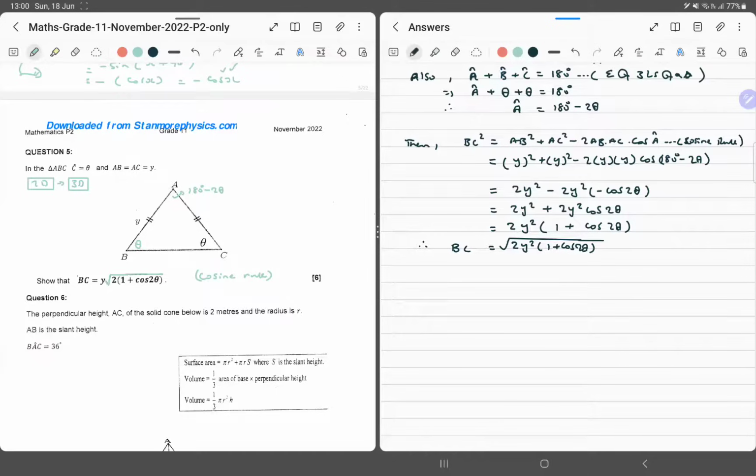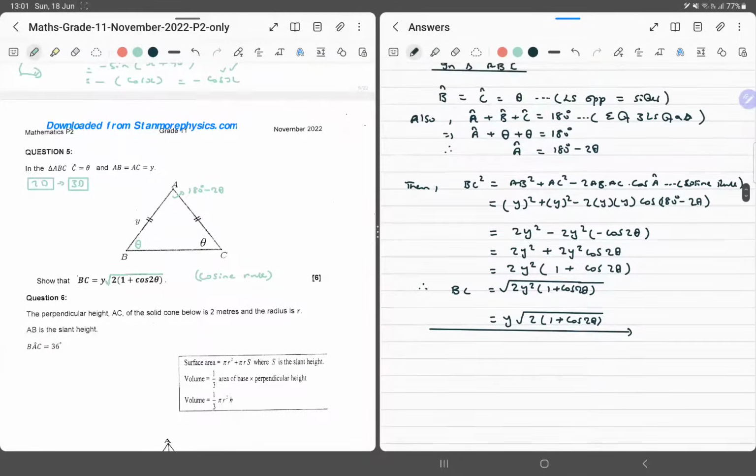Which the square root of y squared is just y. Okay, now the 2 remains under the root, because we don't want that, 1 plus cos 2 theta, and that's our answer. That's our answer. So easy stuff.